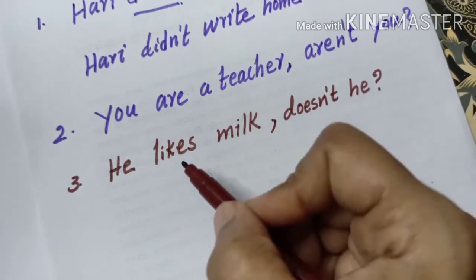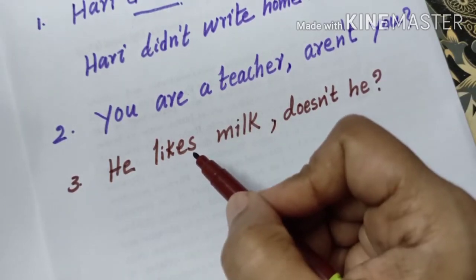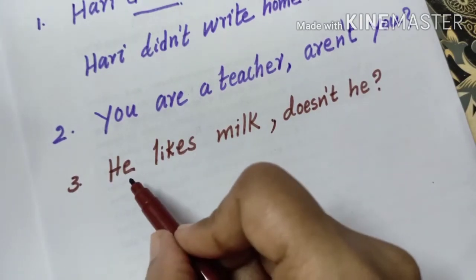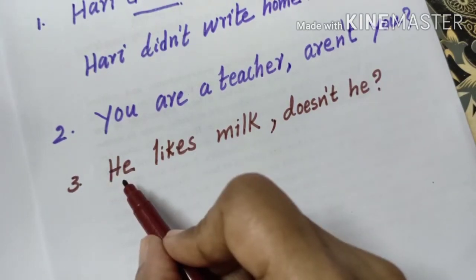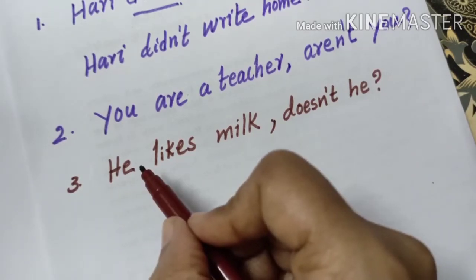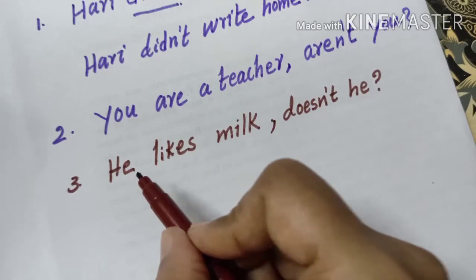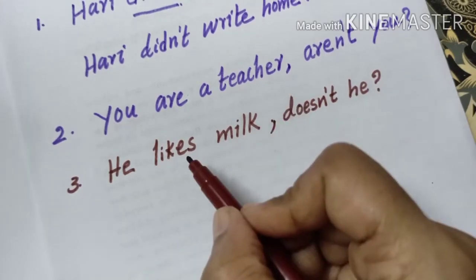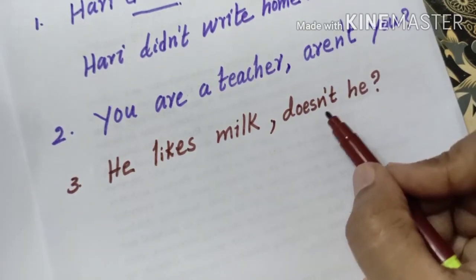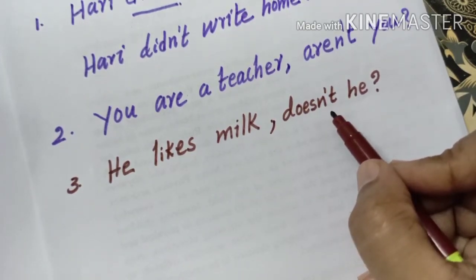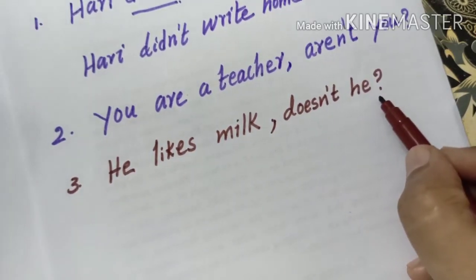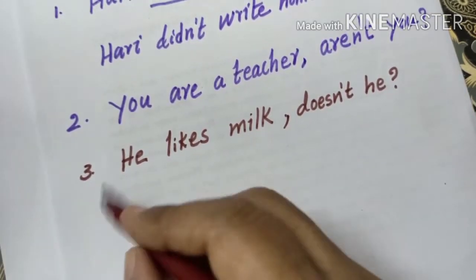Do will come with a plural subject. Here the subject is singular, singular means it represents only one person, so with the singular subject, we will use does. The sentence is positive, so you should end with doesn't, and the pronoun is he. Got it? We will do some more examples.